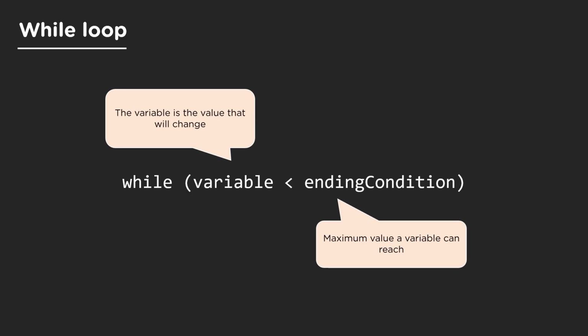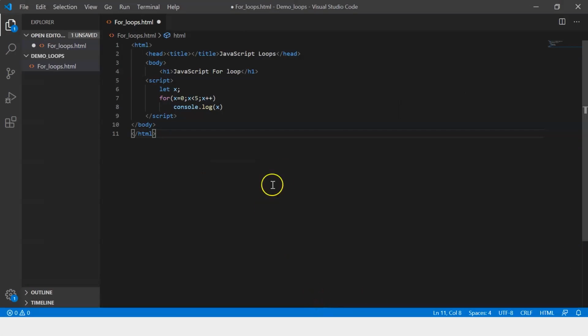So let's go back to our VS Code, and here for better understanding, let me change this to JavaScript while loop. Let's delete this, and here let's initialize the value of x to 1.